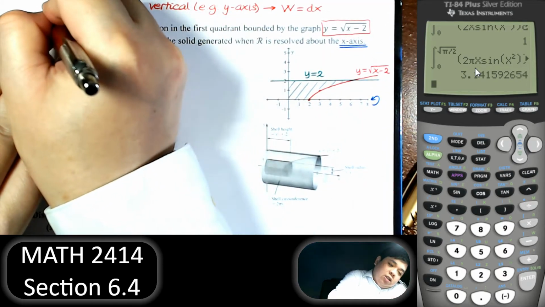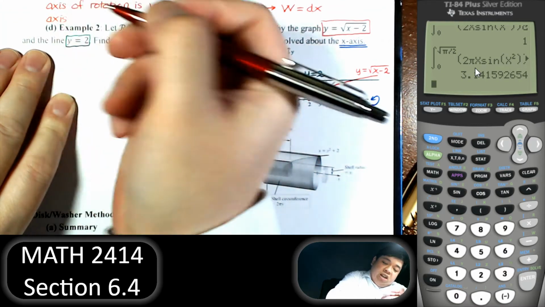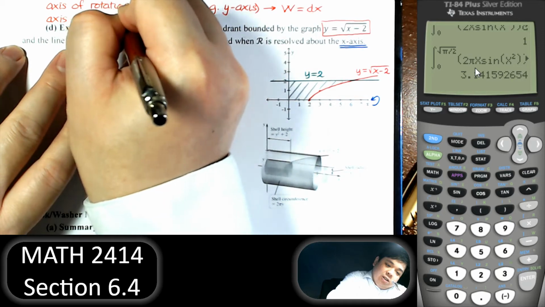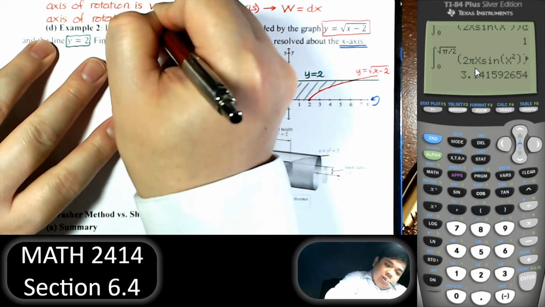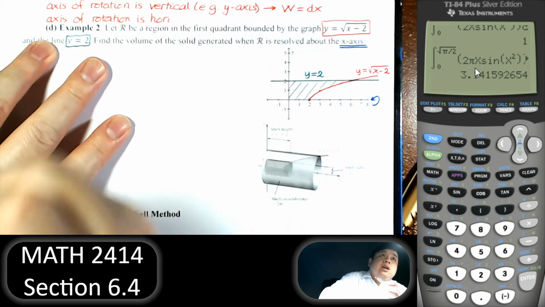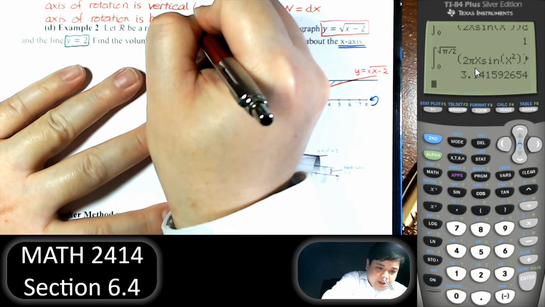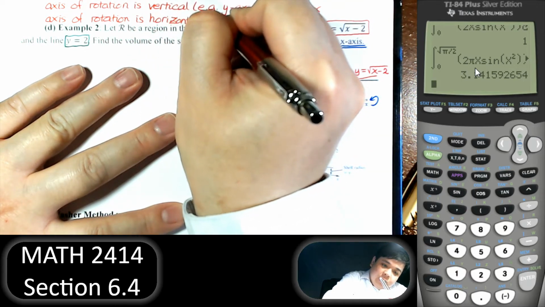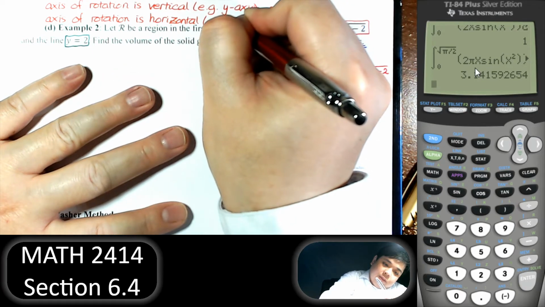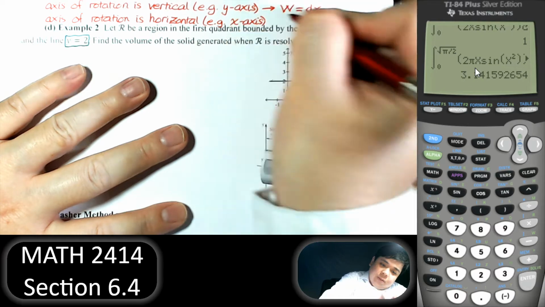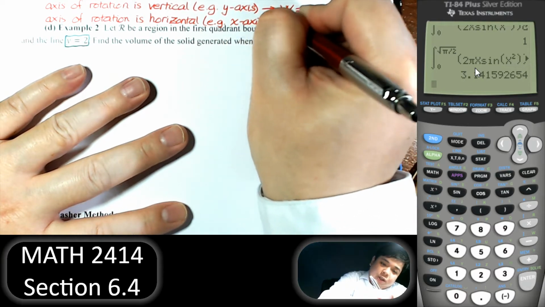Now if the axis of rotation is horizontal, in this case, W is going to be dy.